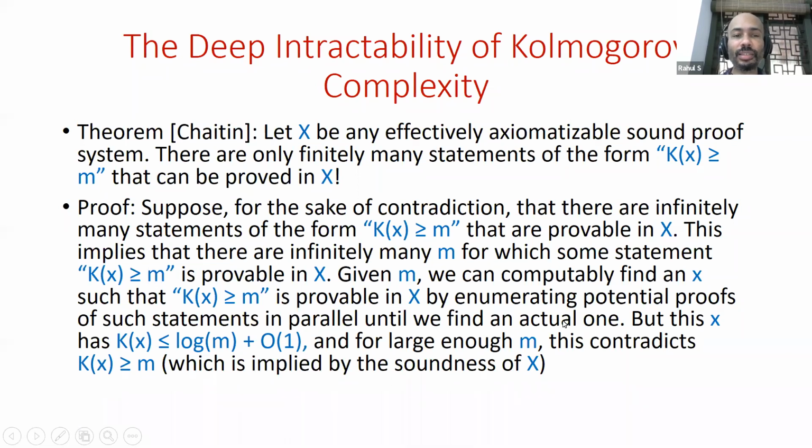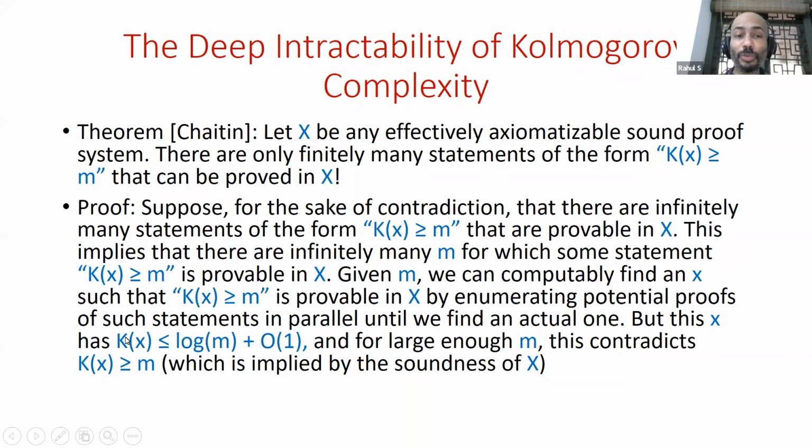So this x is going to have polynomial complexity at most log m plus order 1, just as on the previous slide. But for this x that you find, you're proving in capital X that K(x) is at least m. Since the proof system is sound, K(x) should be at least m.